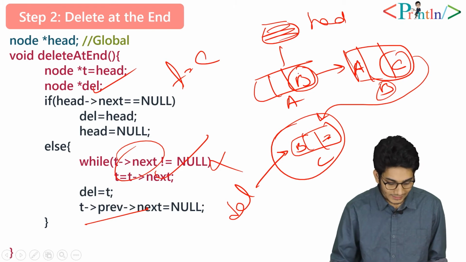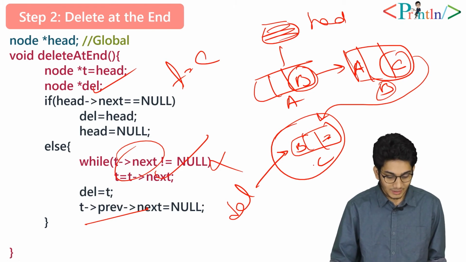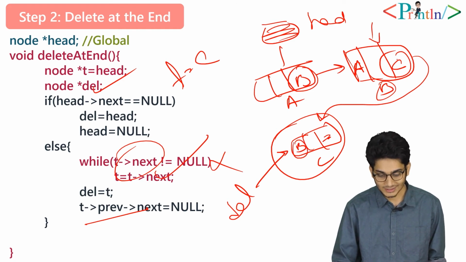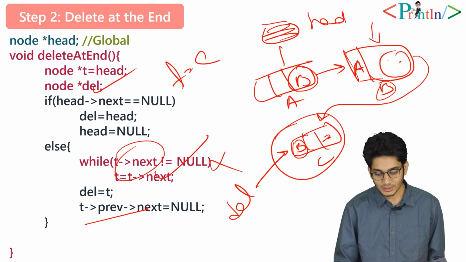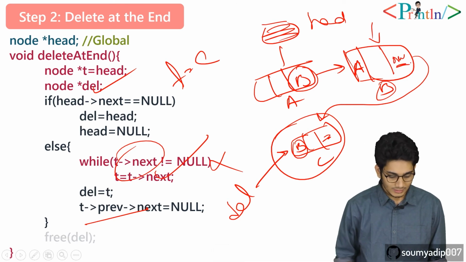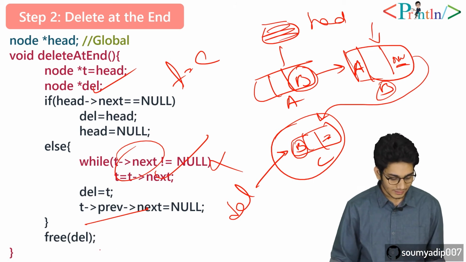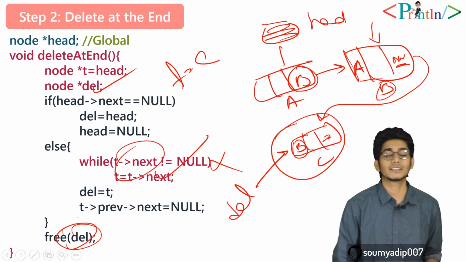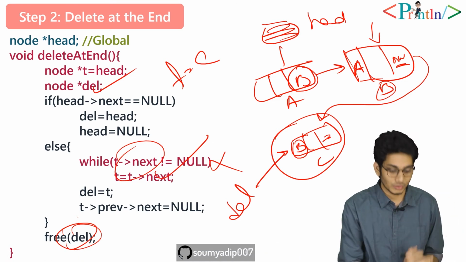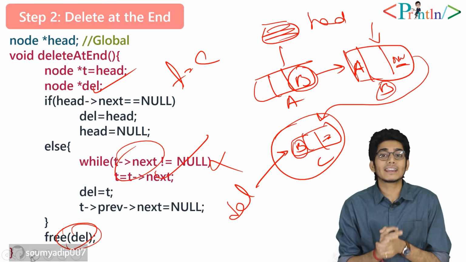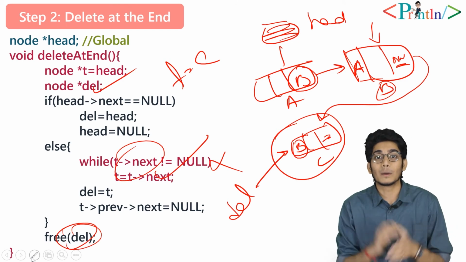The value of t is C. T prev is B, this node, and its next, which is C, we'll put null over here. Then we'll just free this del. It means we have successfully deleted the last node. This is how we can delete the last node from our doubly linked list.